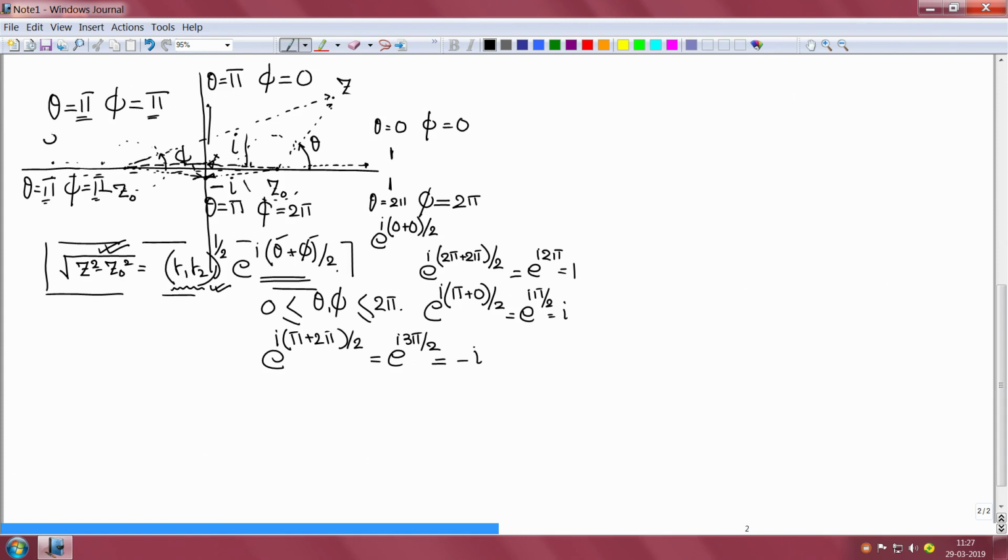So you get e to the power I pi plus pi by 2, e to the power I pi, which is minus 1 here and minus 1 there. So there is no problem. Approaching from above we get minus 1, approaching from below we get minus 1, no problem. This is the only place where we have a discontinuity in the function.